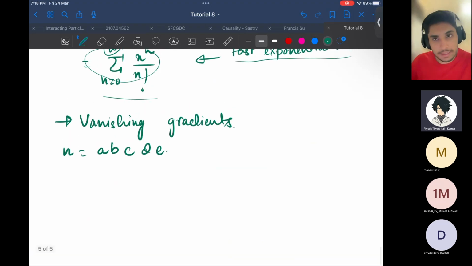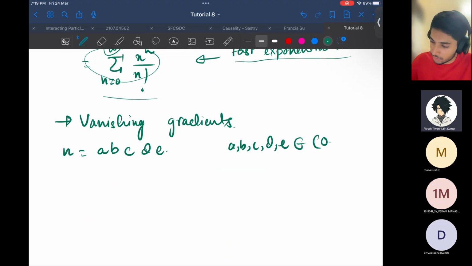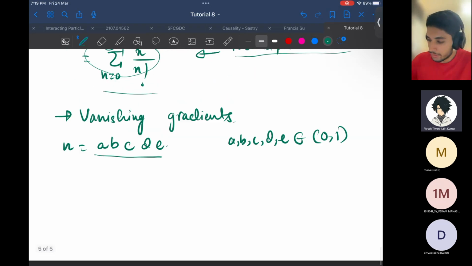In addition, I will say that a, b, c, d, and e all belong to (0, 1). I mean, these are numbers between 0 and 1. So what do you think? What will be the product? Will the product be greater than 0, greater than 1, or will it be very small? What would you expect?